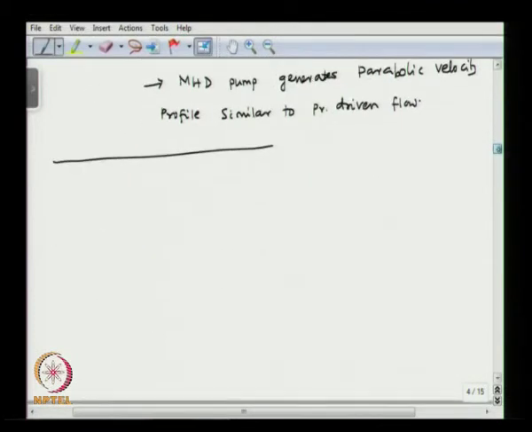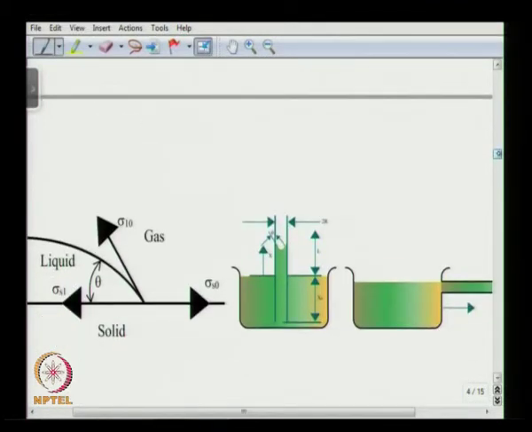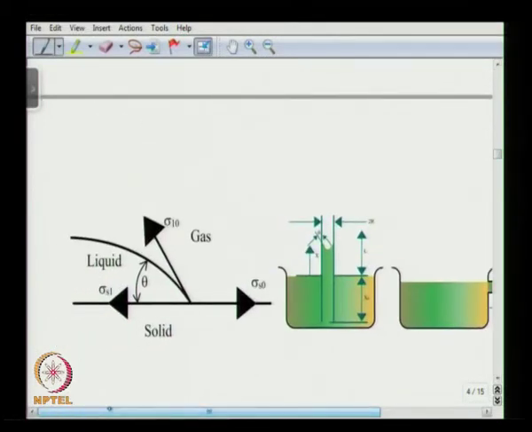Now let us talk about the micropump based on surface tension driven effects. First we talk about passive capillary effects.